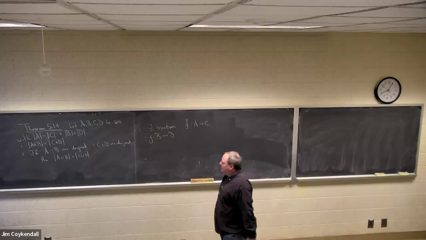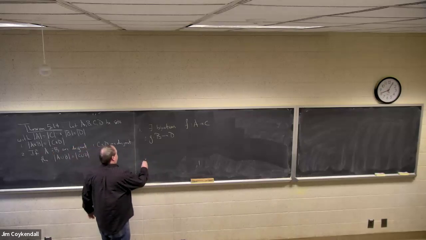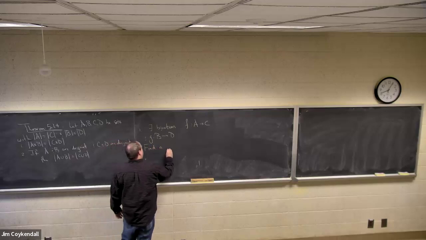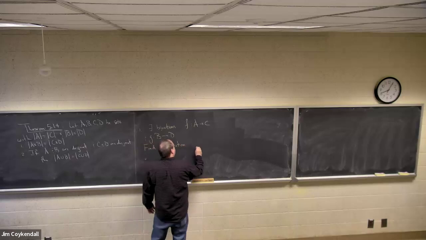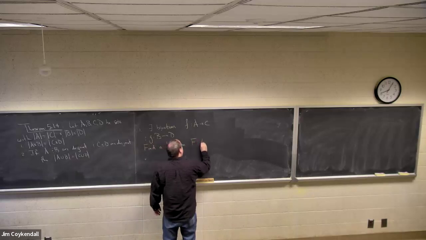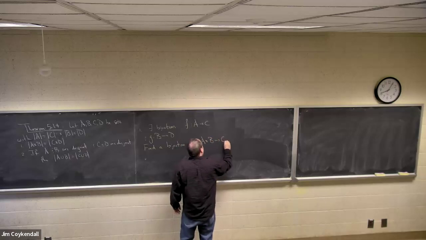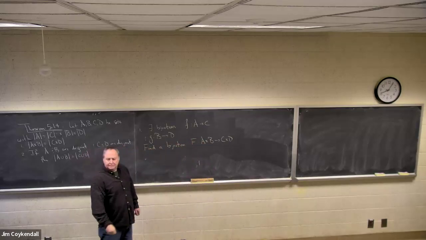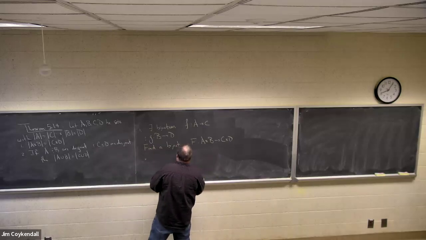So what do I need to do to establish this? I need to build a capital F from A cross B to C cross D. Well, let's do it.